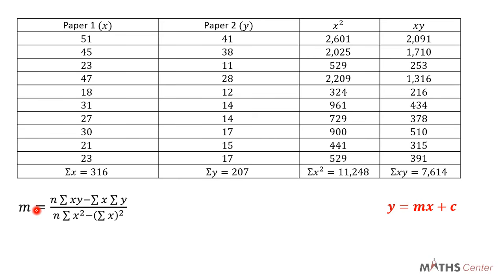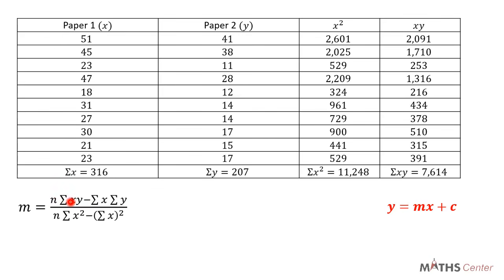M is given by the formula n sigma xy minus sigma x sigma y divided by n sigma x squared minus sigma x squared. N is the number of data points. So let's count them. We have 1, 2, 3, 4, 5, 6, 7, 8, 9, 10. We have 10 data points, so n is 10.